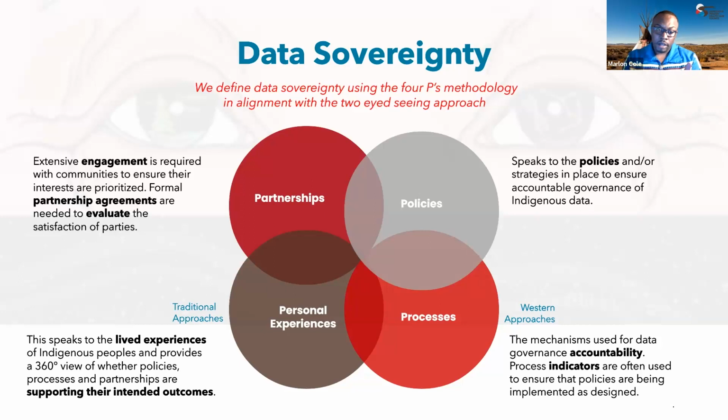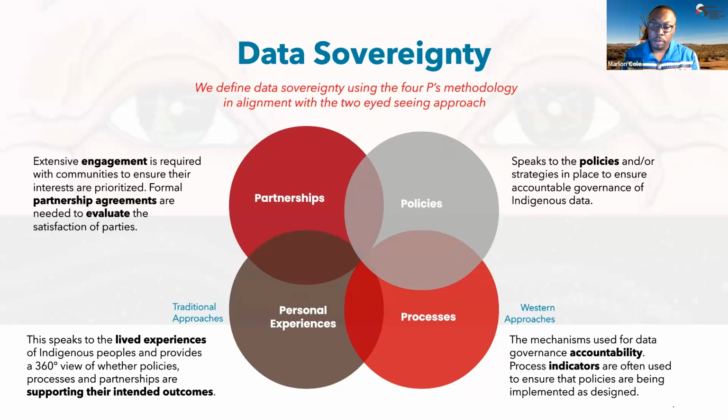One, partnerships. On the left side, we have the traditional approaches, and let's dive deeper into them. We have the partnerships. How do we do that meaningful engagement? Can we do meaningful engagement? Will Indigenous organizations be open to having that meaningful engagement with your entity? If you're Indigenous or non-Indigenous, how do we bridge that gap and have that engagement? Right?